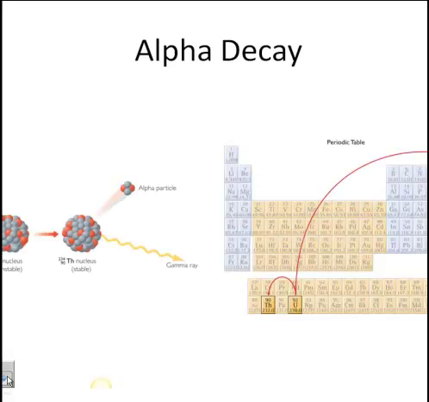You have alpha decay, where we've talked about this week how if you have alpha decay, you have a particle that loses 2 protons, so you go back on the periodic table 2 spaces. Here, uranium, after it gives up a helium atom or an alpha particle, becomes thorium.